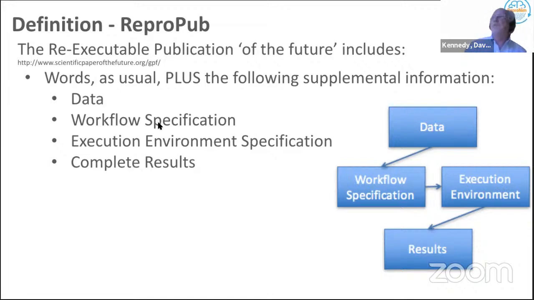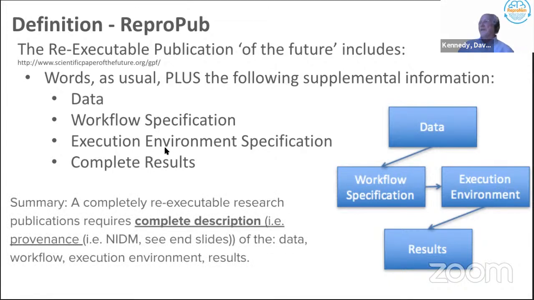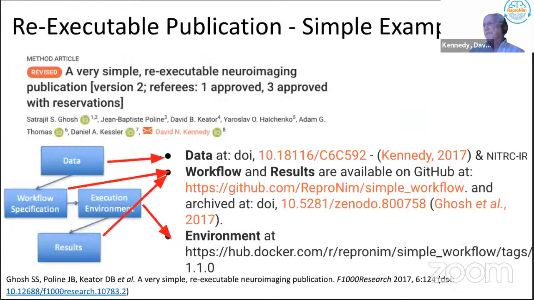It should be associated with the publication, in addition to the workflow specifications, the environment specifications, and the complete results. When we have all of these bundled together, the complete description is there, and anyone can re-execute and therefore more easily generalize, or understand the generalization of yours, as they add new data or change the approach and things like that.